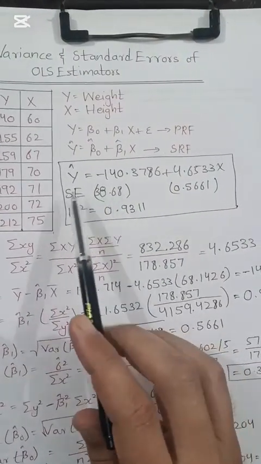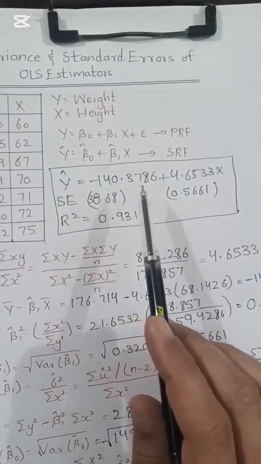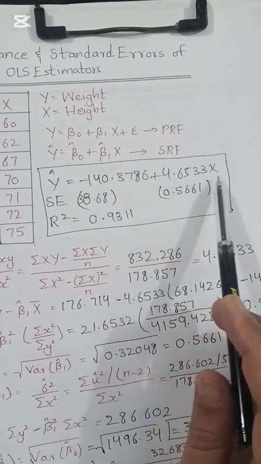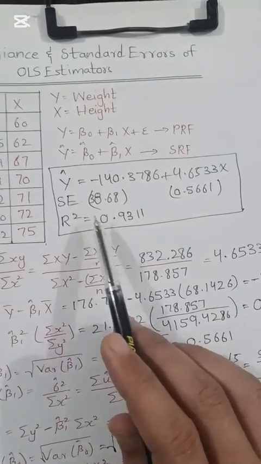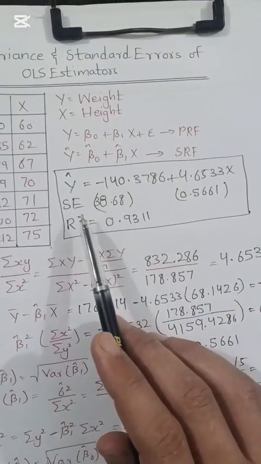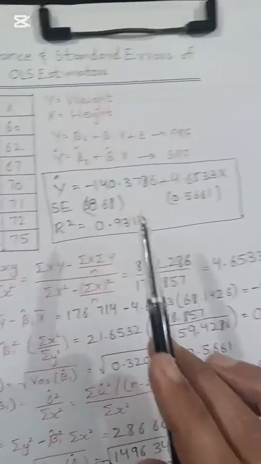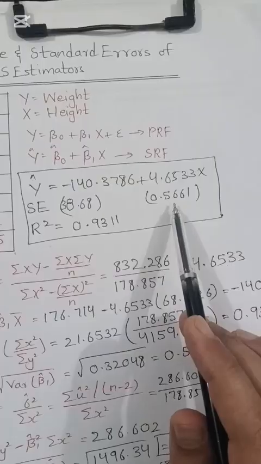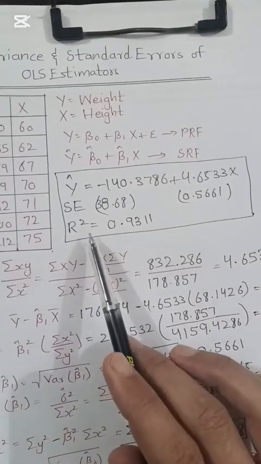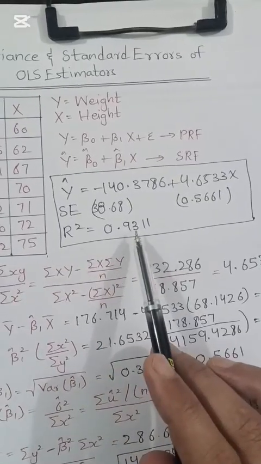First of all, write the regression equation, which is y hat equals minus 140.3786 plus 4.6533 times x, and then below each coefficient write their standard errors. For example, the standard error for the intercept is 38.68 and the standard error for the slope coefficient is 0.56661. Then below the standard errors write the R square, which is 0.9311.